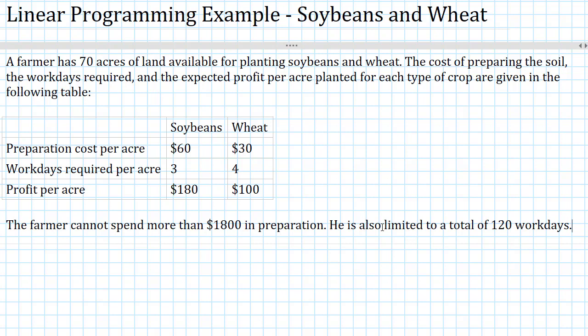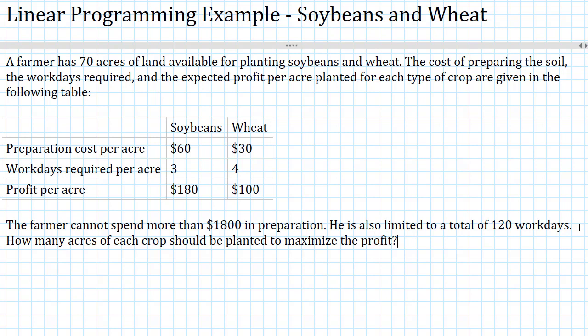So you can imagine there are man hours that are needed to work the land, and so with his employees, he's limited to a total of 120 workdays. How many acres of each crop should be planted to maximize the profit? Okay, that would probably be the ultimate goal here, is to maximize the profit. So that's the problem we are trying to solve.